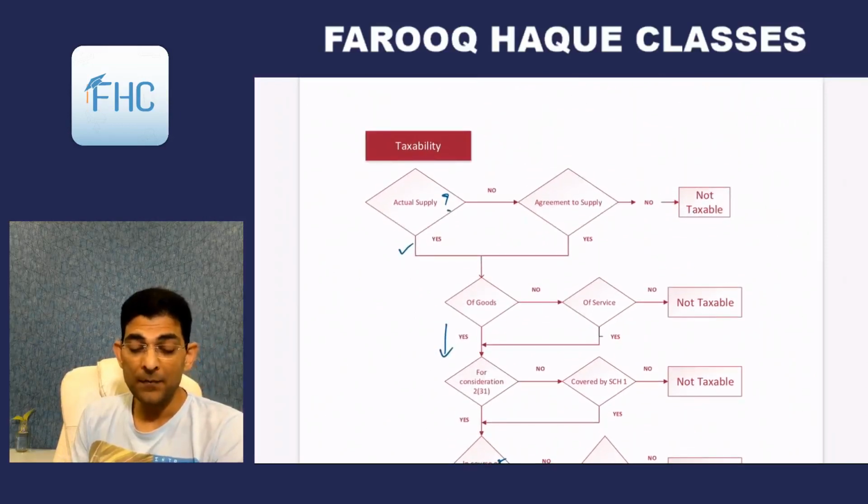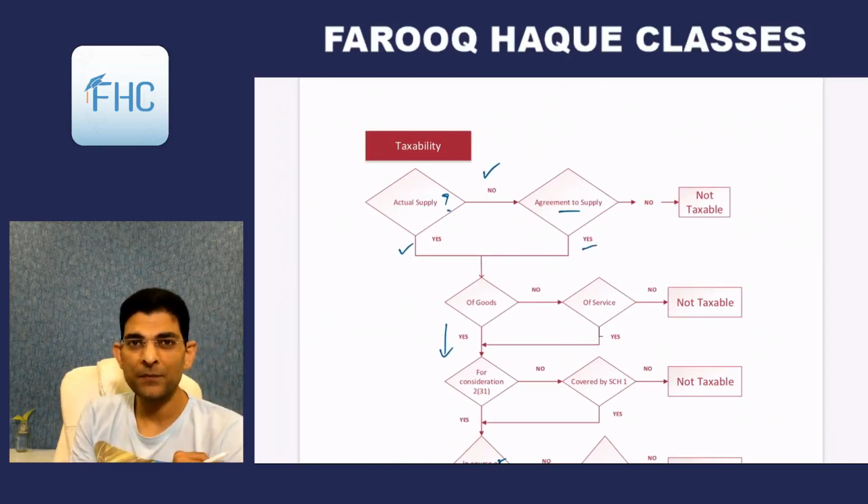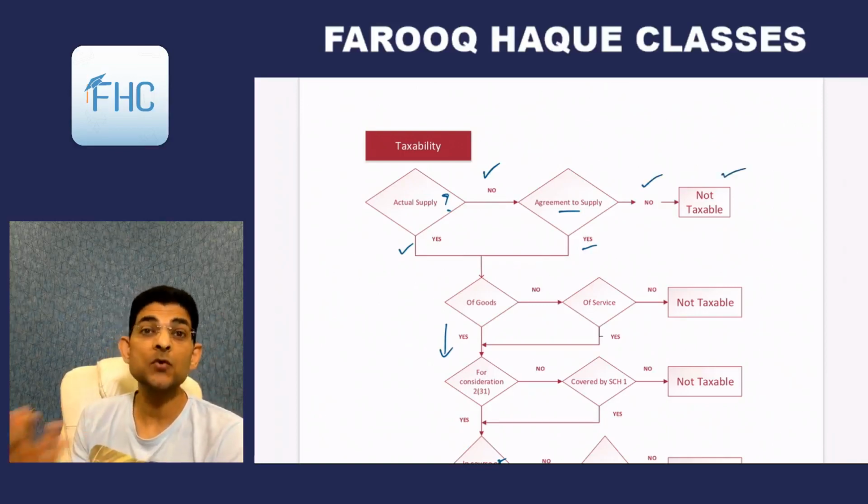Now let's come back up and say actual supply. Is it yes? If the answer is no, there is no actual supply, then you ask, is there an agreement to supply? If the answer is yes, then again follow the same questioning step one by one. But if the answer is no to this also, actual supply, no. Is there an agreement to supply? No. If both the things are not there, then it is not taxable because there is no supply.